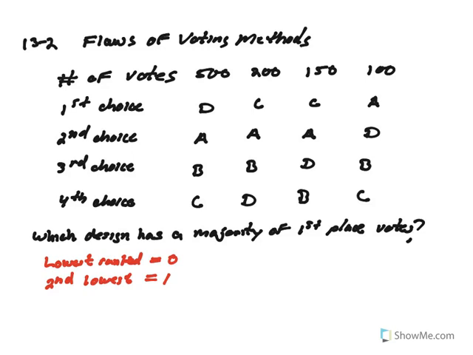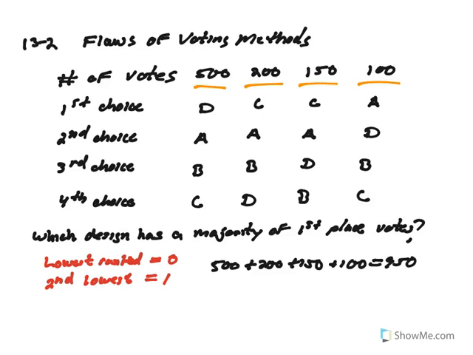On top, you have 500, 200, 150, and 100. When you add all those up, you get 950 votes.